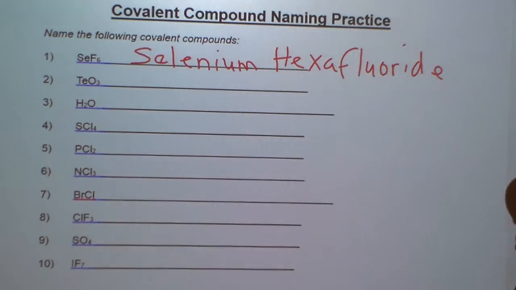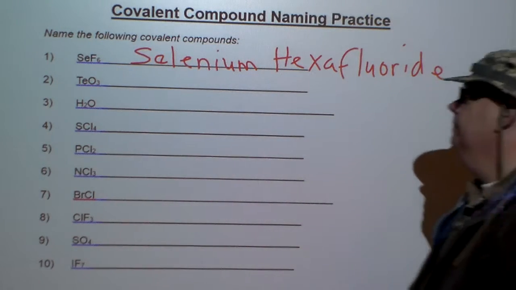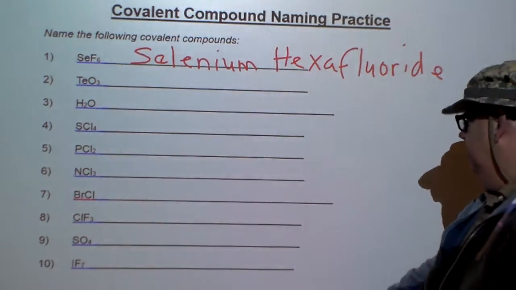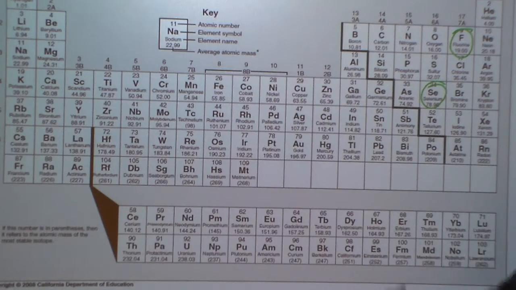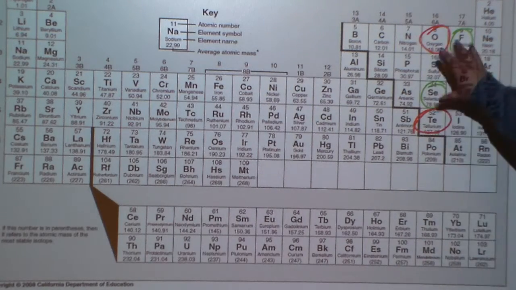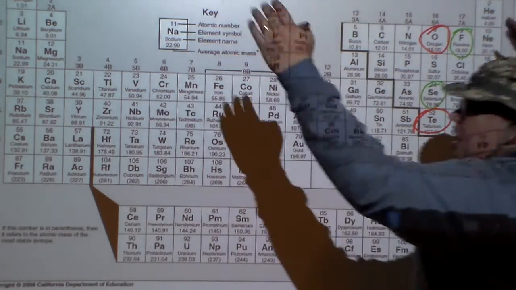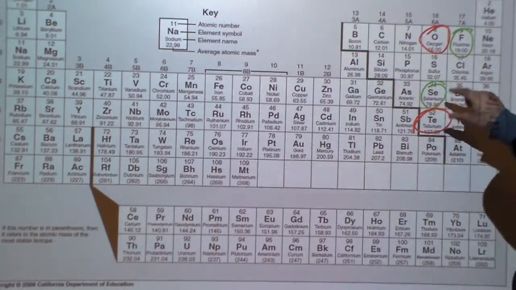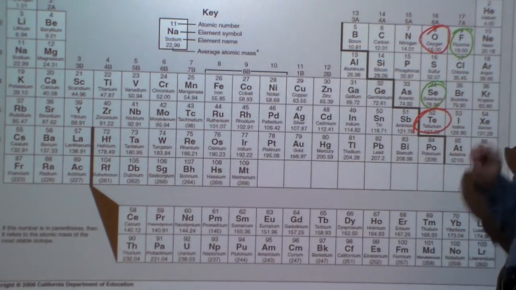So let's go with this one here, TeO3, tellurium. But let's check, where is Te? It's right here. Here's tellurium, here's our oxygen. They're fairly close to each other. Remember, in ionic, they have to be far apart from each other. But when it's covalent, they're really close.